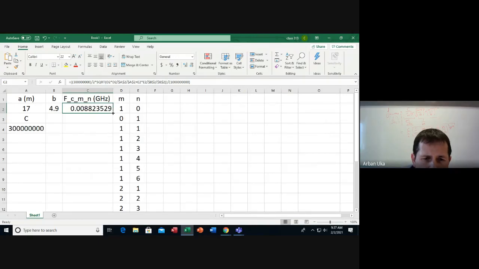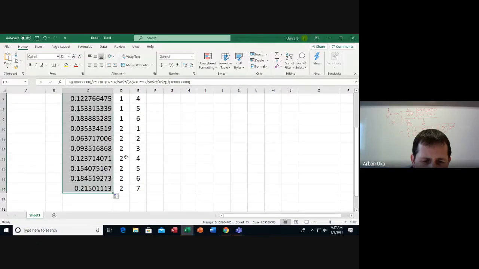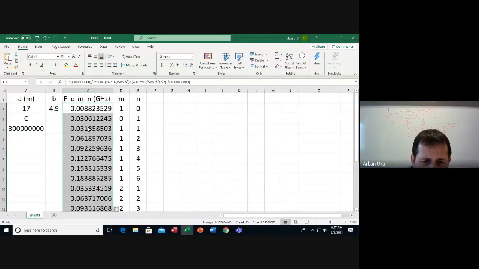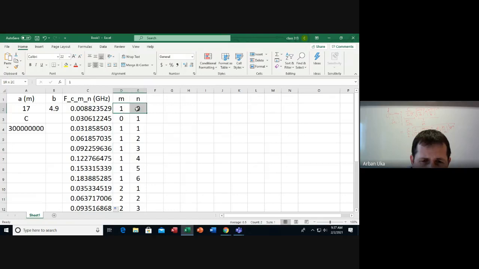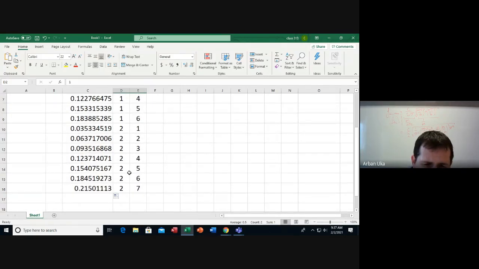And then we just need to calculate all the possible modes we obtain. So it looks like we have all of these cutoff frequencies for these specific modes: TE 10, 01, 11, 12, 13, 14, 15, 16. Again, we have no issue here.